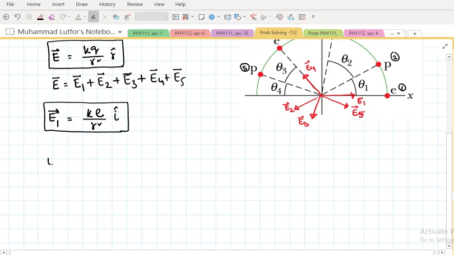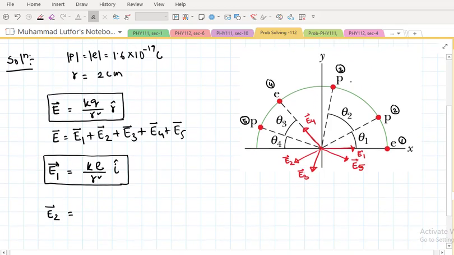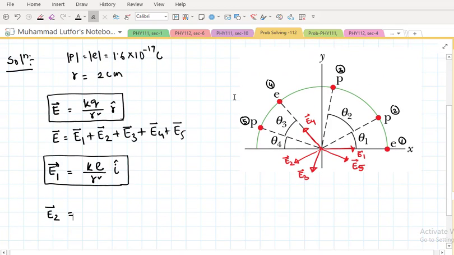What about E2? E2 is created by the proton, which is that one. Now I know theta 1 is 30 degrees, so this angle would also be 30 degrees. It means E2 has two components. One is towards the negative x direction, and the y component will be towards the downward direction, which is also the negative y direction.